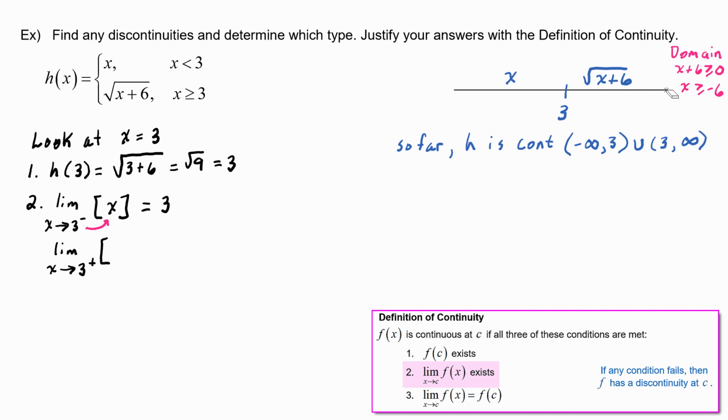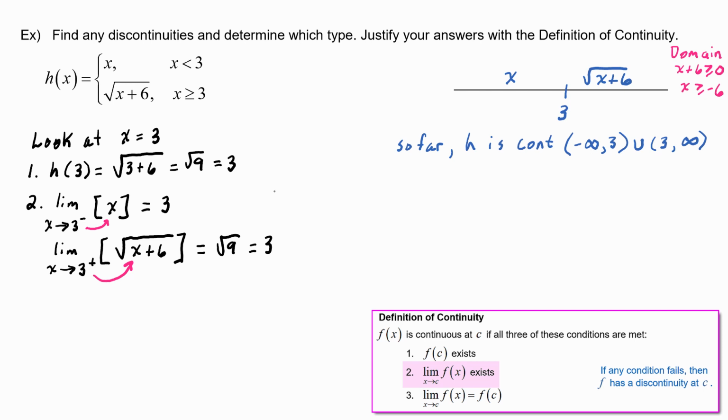This time, since we're coming in from the right, we have to use this definition of the function, which is square root of x plus 6. Once again, we can do direct substitution, and if we plug that 3 in for x, we have the square root of 9, which is equal to 3.